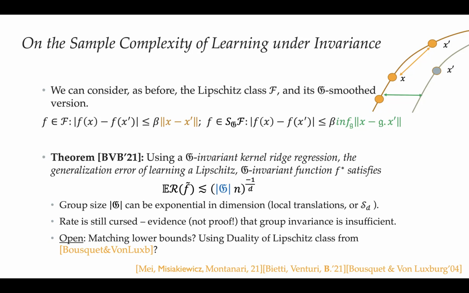This result is stated as an upper bound right now, but there are tools, using classical results from Olivier Bousquet and Ulrike von Luxburg that use a certain duality theory for Lipschitz functions, that make us relatively confident that this could actually be tight. If that's the case, what this says is that asking for invariance, introducing these global symmetries, might not be sufficient to break the curse of dimensionality, in the sense that we still cannot change this rate.